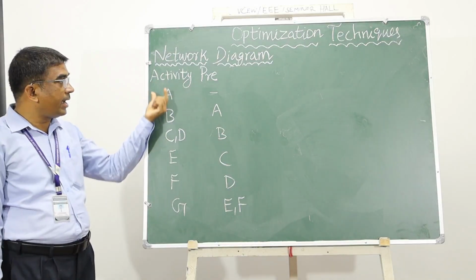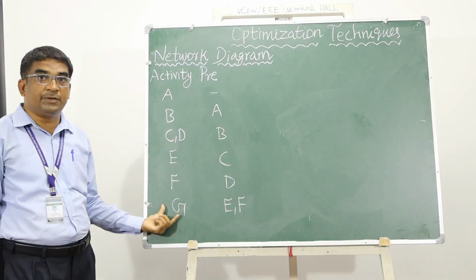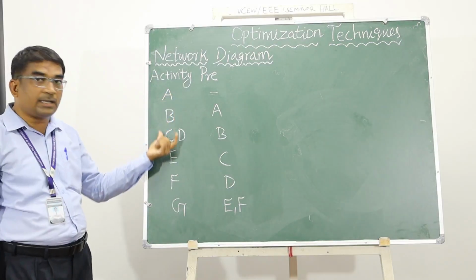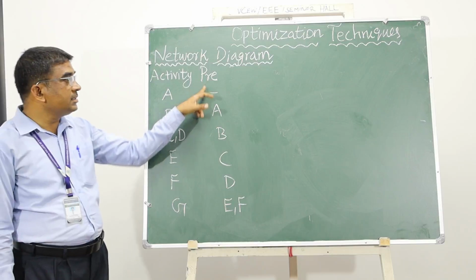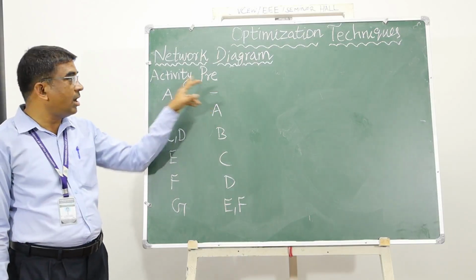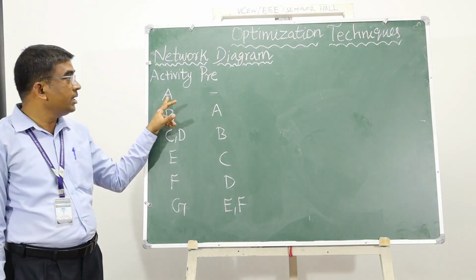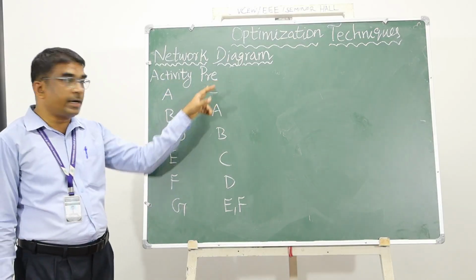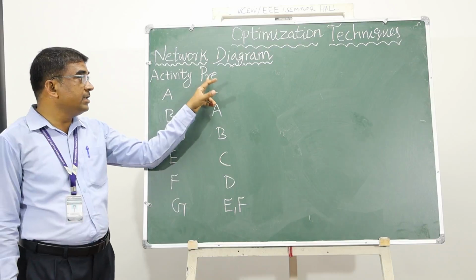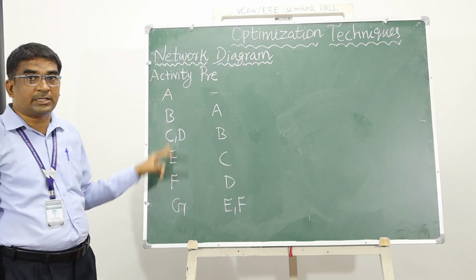Initially, the activity of the event will be given. Consider these are some activities given in an example, and this is called the predecessor of the activity. So activity is one kind of data, and another is the predecessor of the given activities.